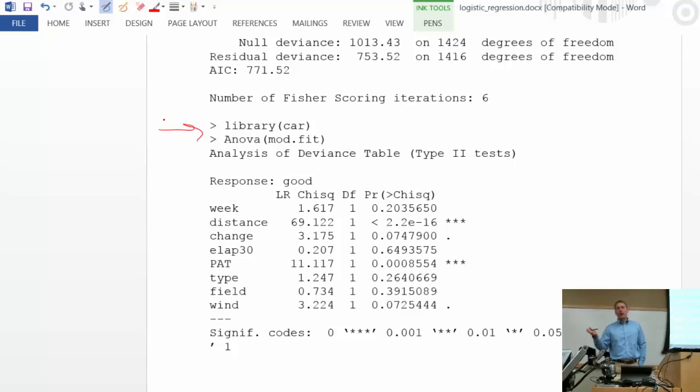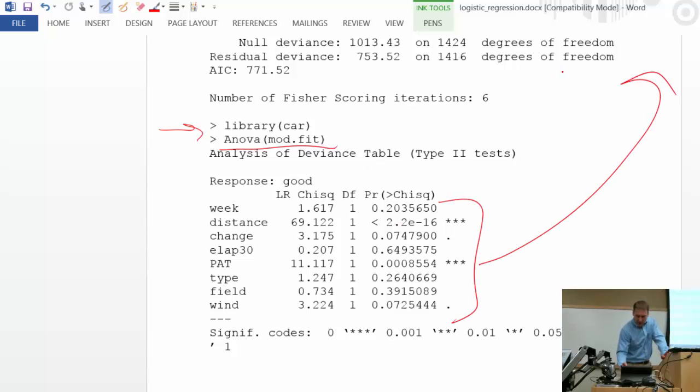We're not actually using analysis of variance, but we're doing a lot of similar tests that you would in a regular old ANOVA setting that you would have in Stat 801 or 802, so that's where the name comes from. So if I say Anova(mod.fit), then I get likelihood ratio tests. You can compare these p-values to what we see above, and you can see that they're pretty close. Again, you're testing the same hypothesis.